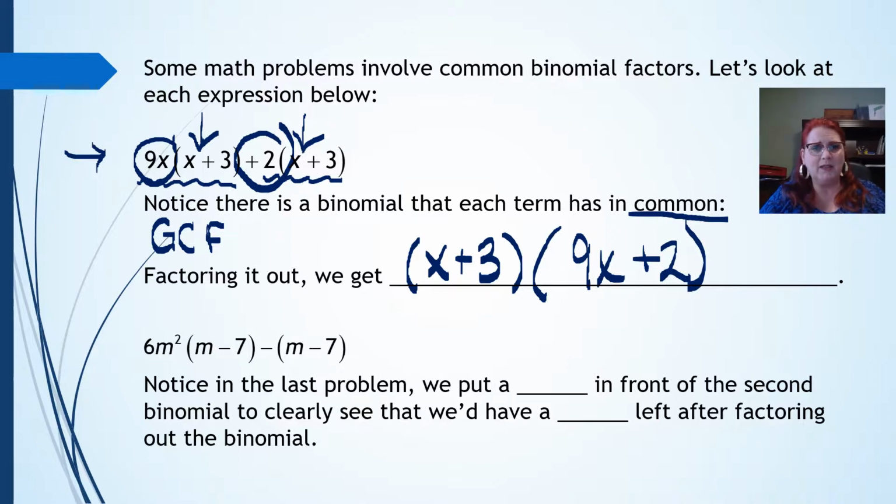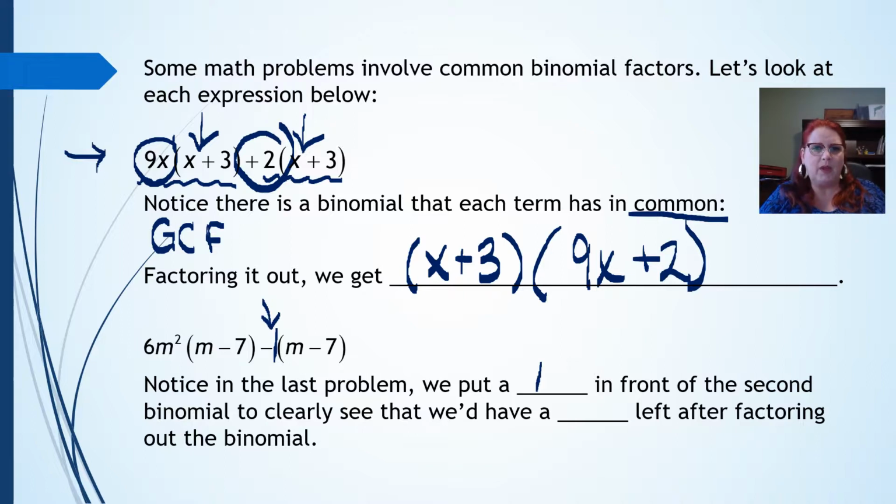Now this one has a little bit of a problem in here, that there's no number written right here. So we're going to put a 1 in front of the second binomial.